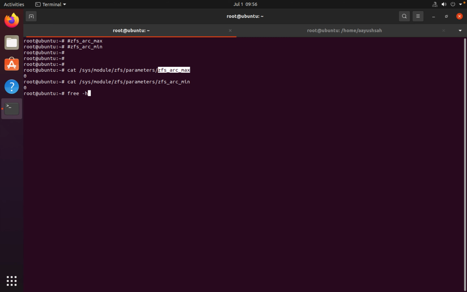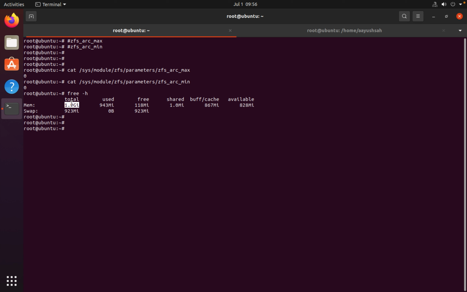If you see here, free -h, total around 2 GB is present on the system. Out of this, this amount is being used, this is free, this amount is the buffer cache, and available is 828.